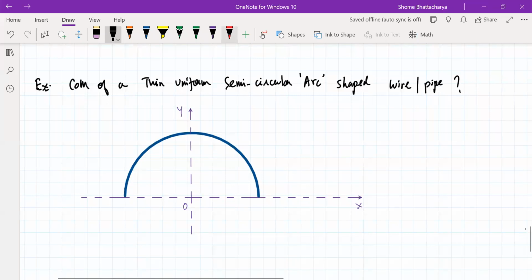Okay, so we understand that the center of mass will be somewhere over here, from the symmetry of it.